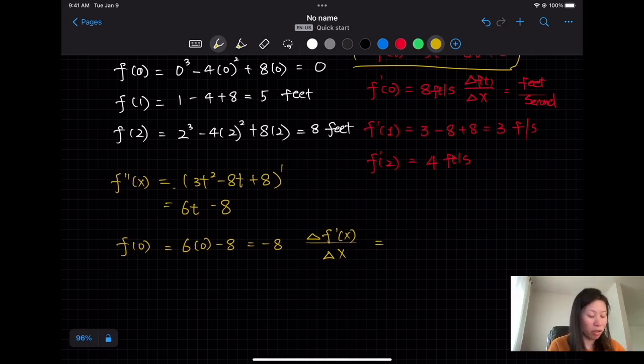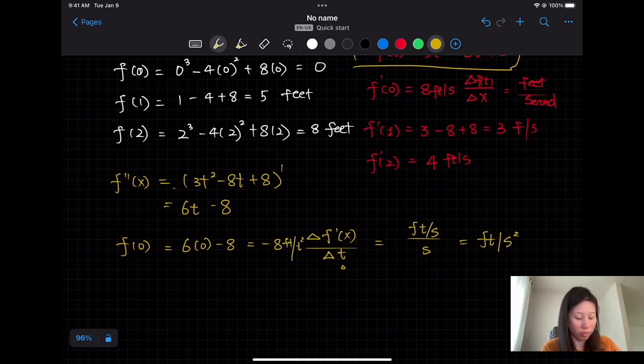The unit of the first derivative is going to be feet divided by seconds. And then the x is represented as time, I should use t instead of x. And here divided by time again. So that means this is going to be feet per second squared. So that will be the unit of the acceleration.